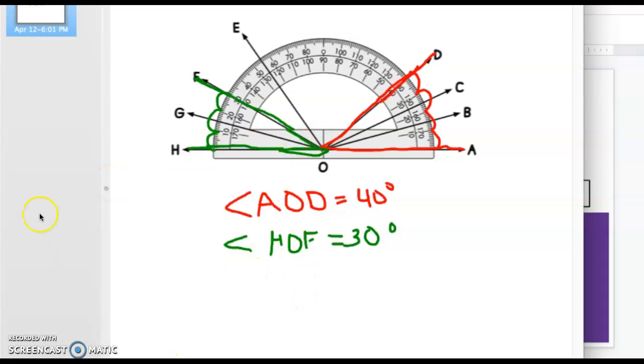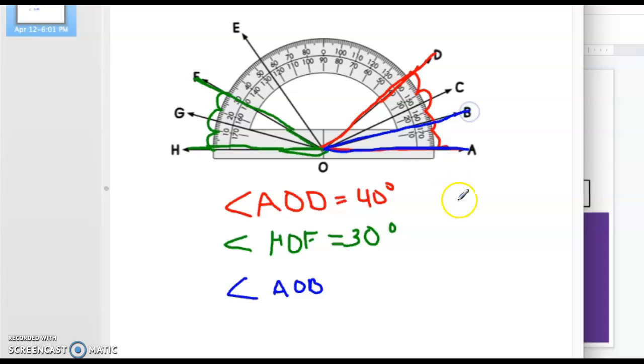So let's look at another one. I'm going to change it to blue. Let's say I have the angle AOB. I'm going to look at A right here, O, B right there.